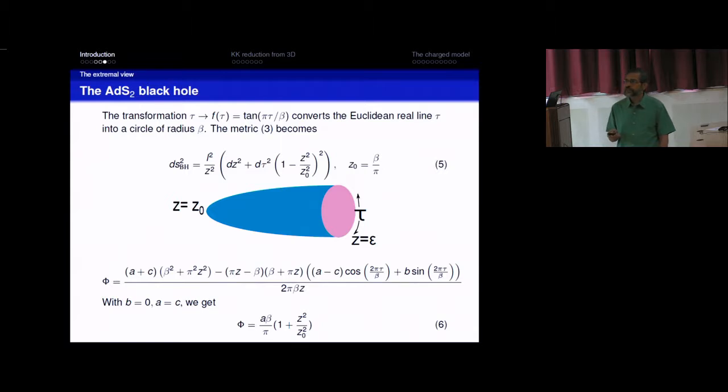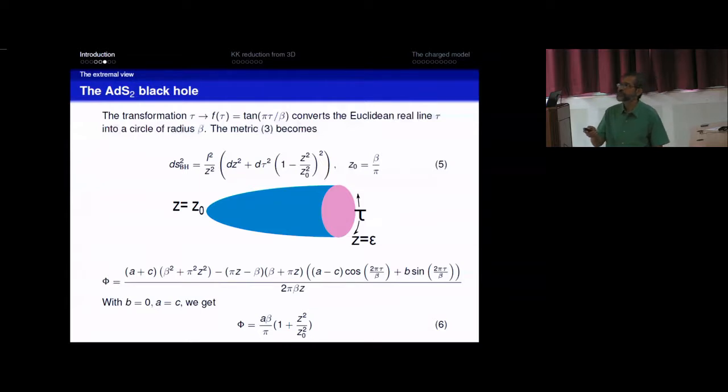And so this is what happens to the dilaton in general when we apply the tan transformation. But here you can see that if you put A minus C equal to 0, so A is equal to C, as well as B equal to 0, then you get this form of the dilaton. So we will keep in mind this form of the dilaton.